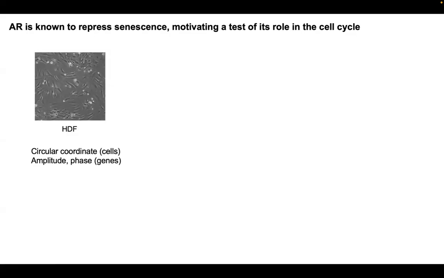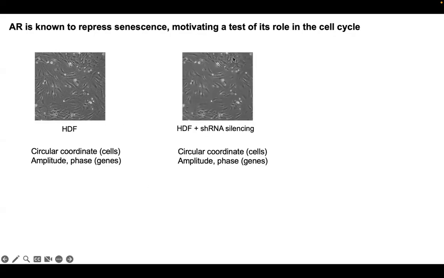They also studied further, because AR is known to repress some cell cycles. So they consider the following. It is the previous single cell RNA data set, but they made another new single cell RNA data set by injecting shRNA to silence AR.